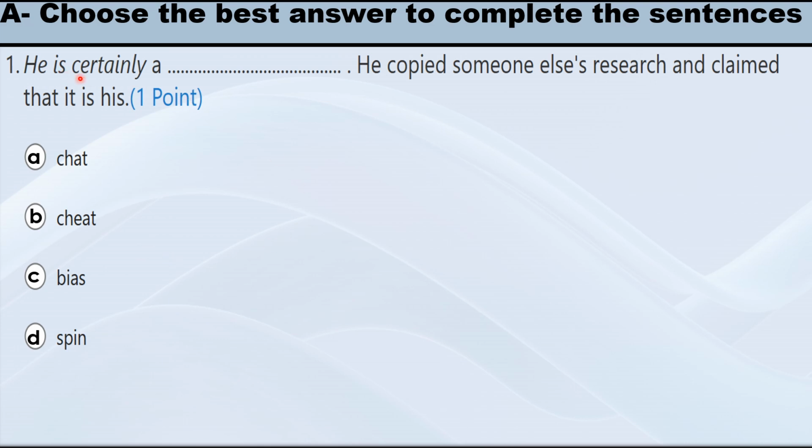If you need time to answer the question, you can pause the video and then take your time, choose the right answer and then continue.